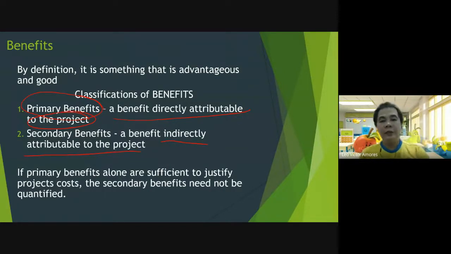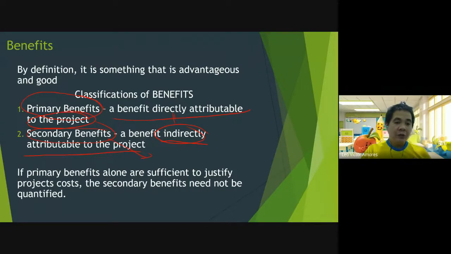So that is an indirect benefit nga na minimize ang traffic. So not unless ang imong primary benefit kay dili siya maka-outweigh sa kanang imong total cost of the project, kinahanglan nimo compute imong secondary benefit in terms of monetary values.